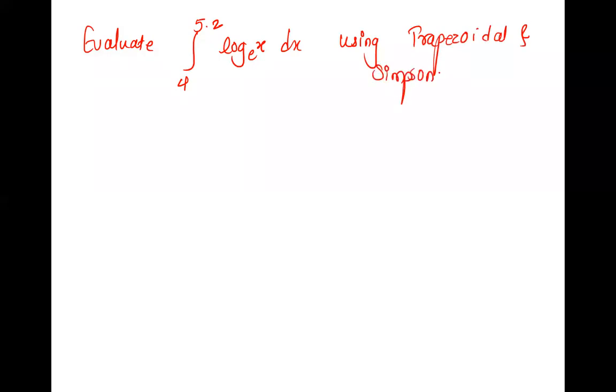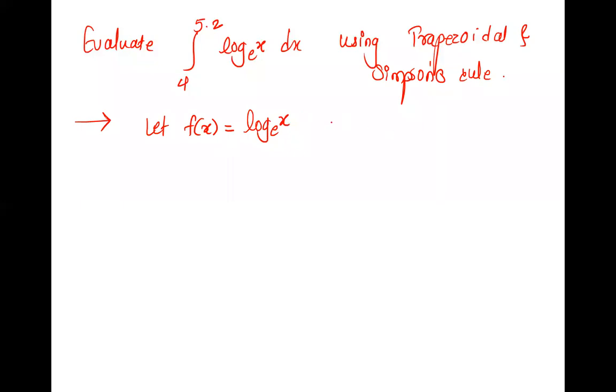Simpson's means it is not defined which Simpson's, so you will solve by both, Simpson's 1/3 and Simpson's 3/8. So you have to solve them by all the 3 rules. Before that, you should define f of x and a, b. So what is f of x? Log to the base e x.